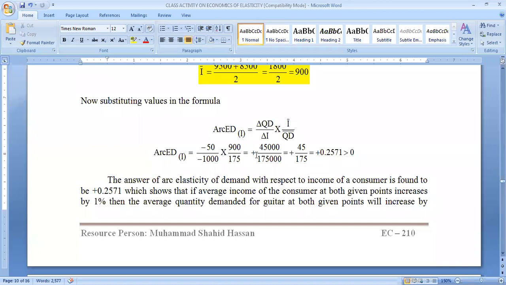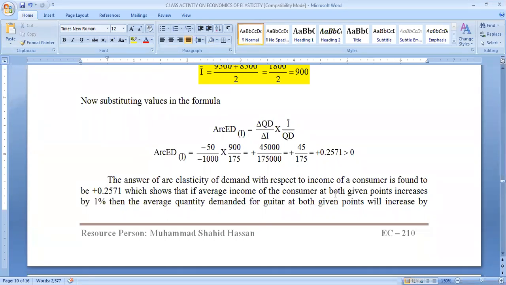That is why we have written plus over here. After dividing 45 by 175, we have obtained the answer 0.2571, right? The answer is plus and it is greater than 0.